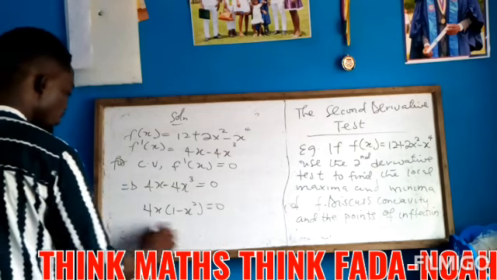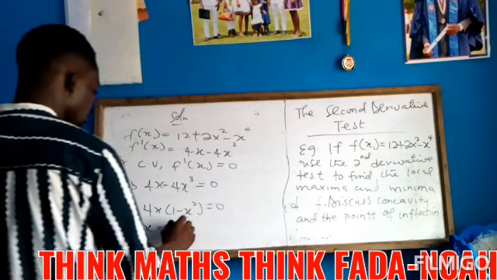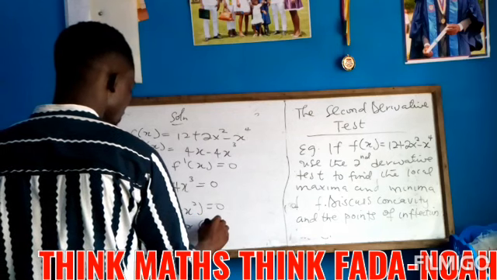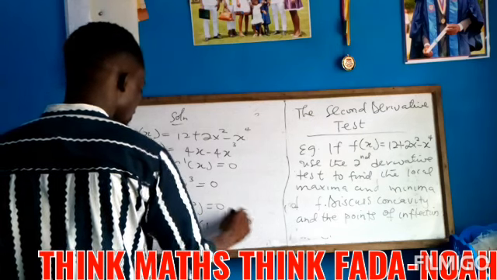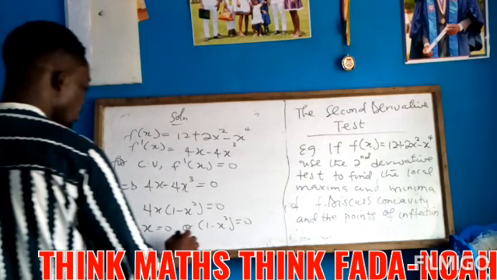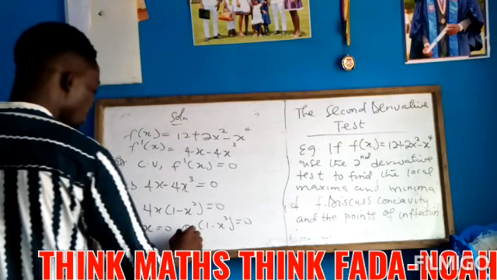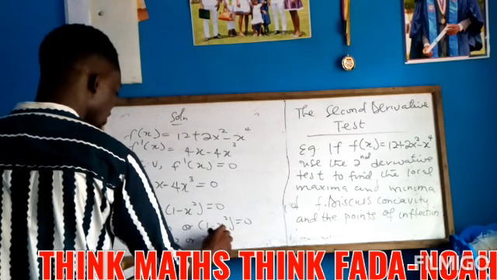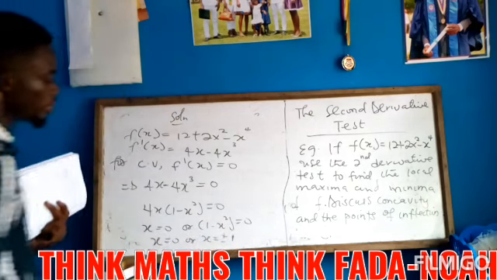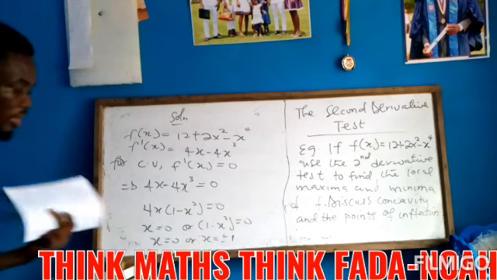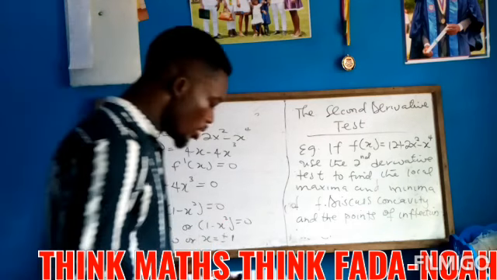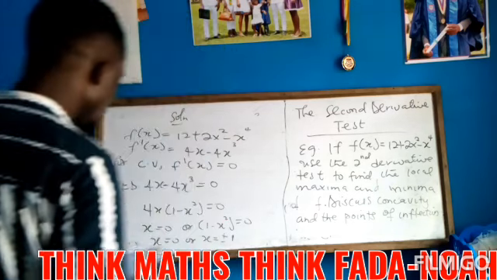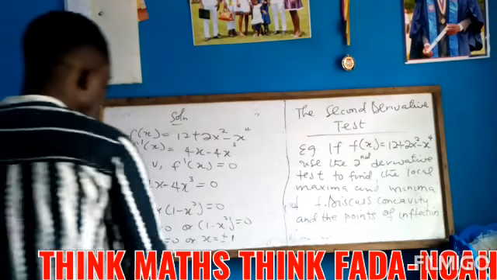So we have x equal to 0, or 1 minus x squared equal to 0. Here we make x the subject, and we get x equal to 0 or x equal to plus or minus 1.